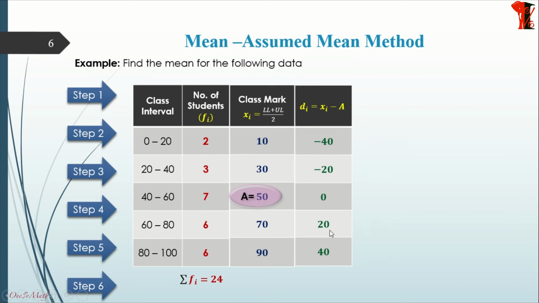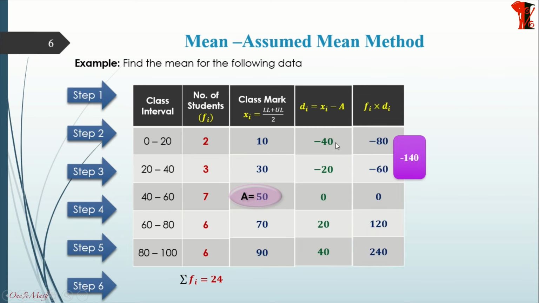As we remember from the formula, we need sigma fi di, so we need an fi di column. The fi di column means the frequency column multiplied with the di column. That is our step 5. Now 2 into minus 40 gives minus 80, 3 into minus 20 gives minus 60, 7 into 0 gives 0, 6 into 20 gives 120, 6 into 40 gives 240. Adding all the negative numbers, you get minus 140.